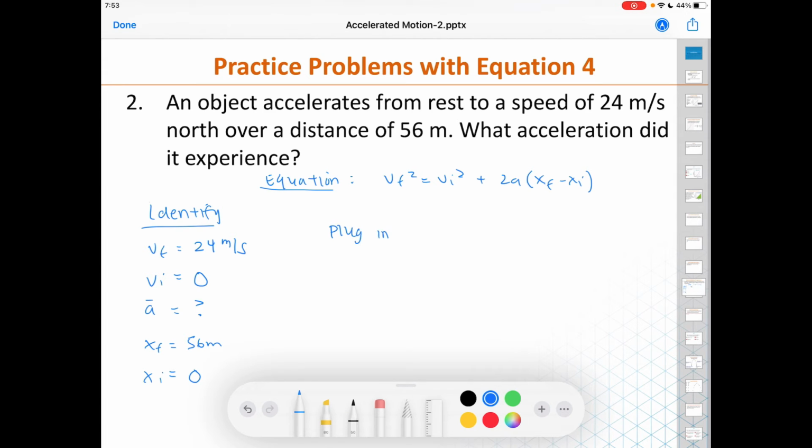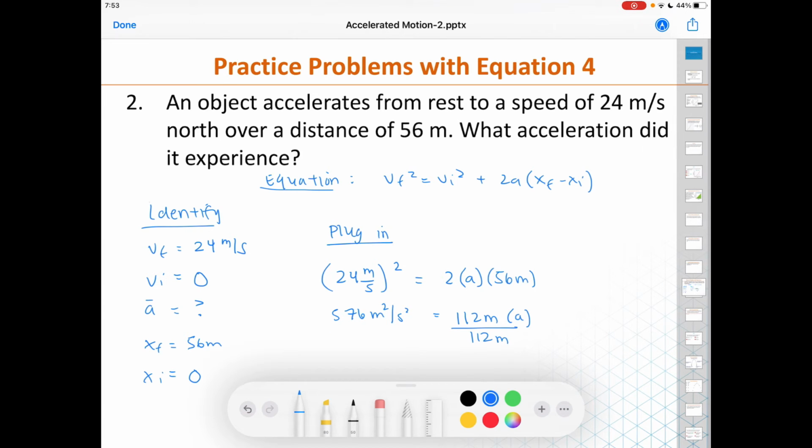So we can plug things in next, and we'll have 24 meters per second, all squared, is equal to 2 times the acceleration times 56 meters. That's going to leave you with 576 meters squared over second squared is equal to 112 meters times your acceleration.